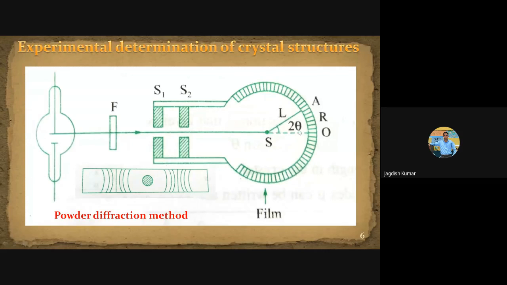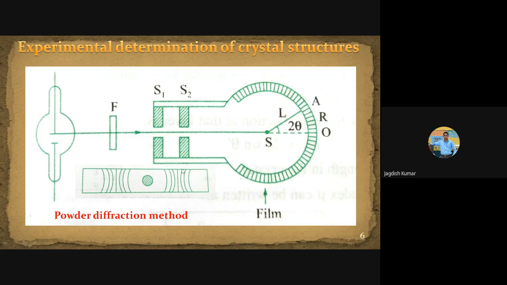Then you can measure this. If we straighten this film, we will see a central spot at a point, say O, and then you will observe peaks like this. These various lines represent the various diffraction peaks observed at different angles.